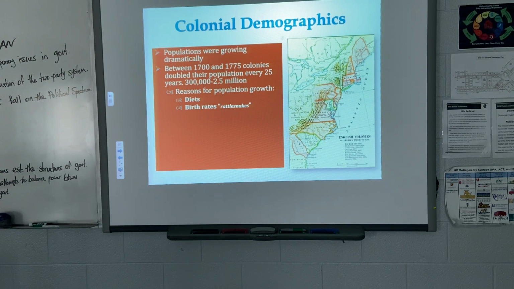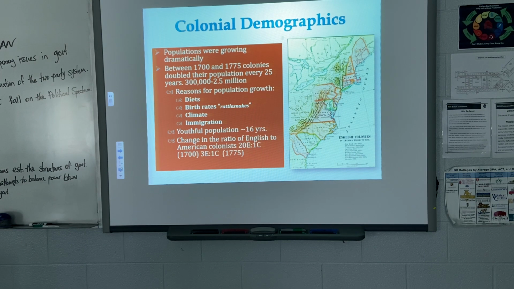Sometimes we say they multiply like rabbits, other times we say they multiply like rattlesnakes. Go figure. Diets, birth rates, climate, immigration, and a youthful population. There again, as we've already mentioned, due mainly to having several children.